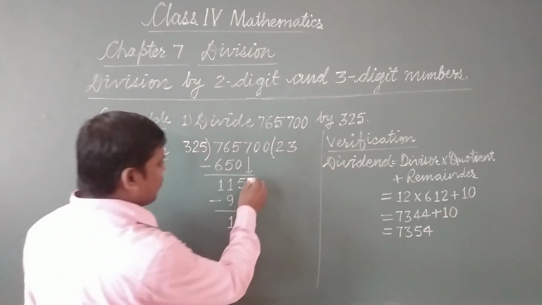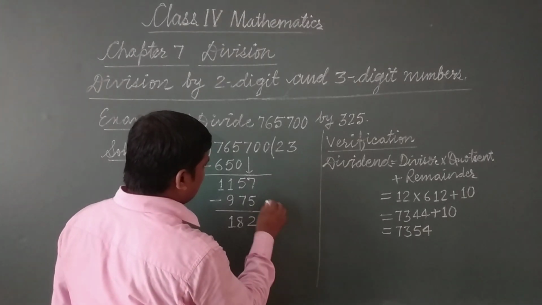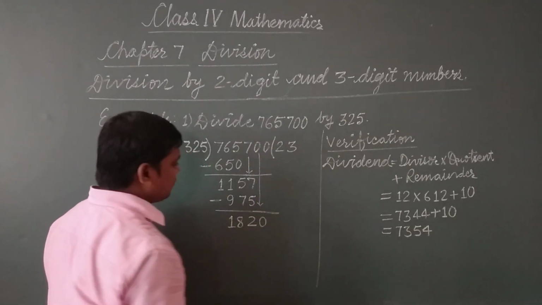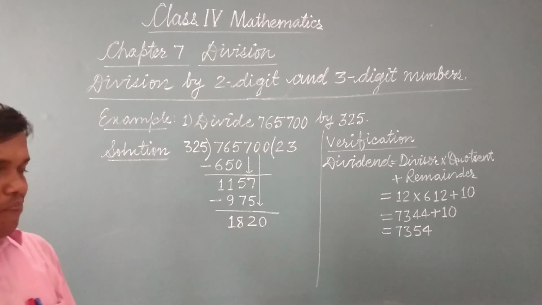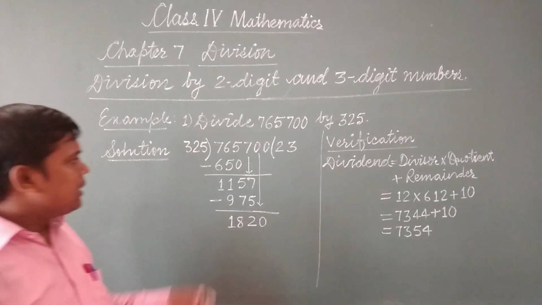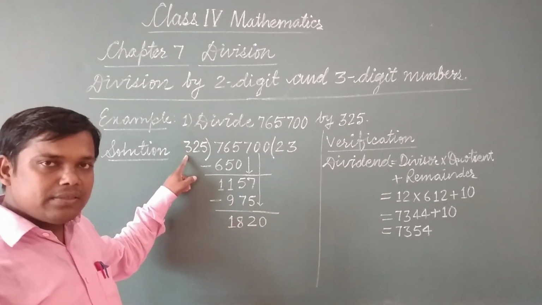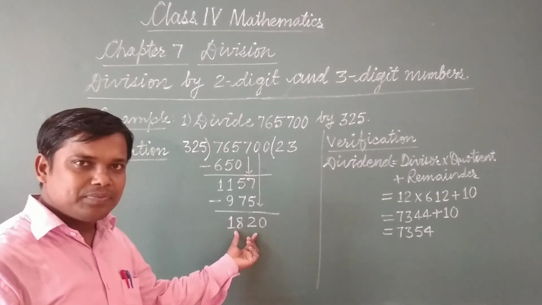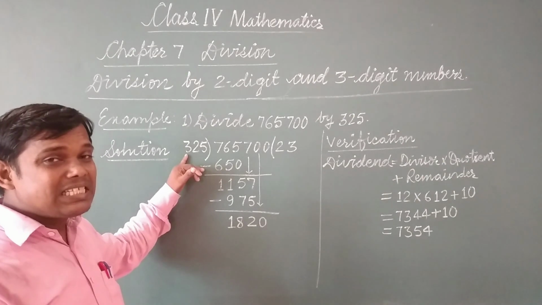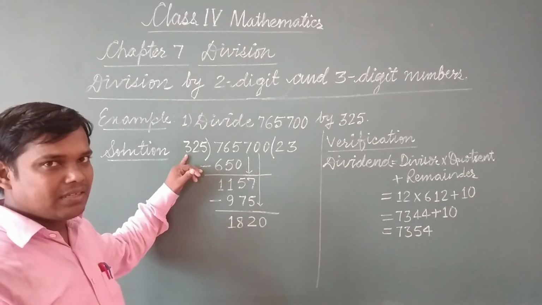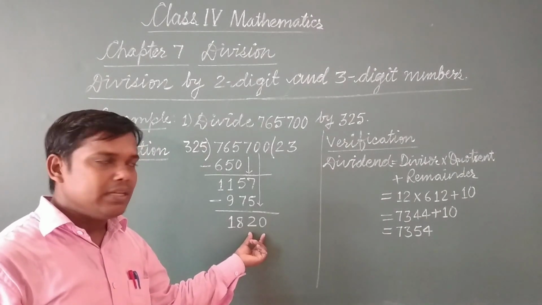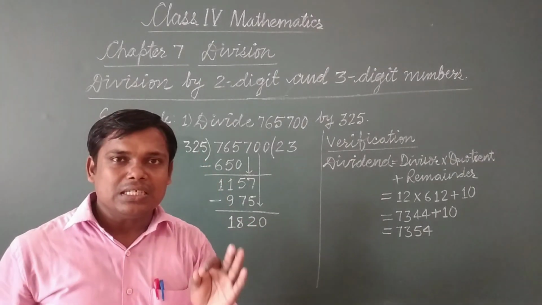Now we take 10 down from up. We read the table again. This time we are seeing 1800 here. So 3 sixes are 18. You think of 6 times, but here it is 20, and 25 sixes are 150.